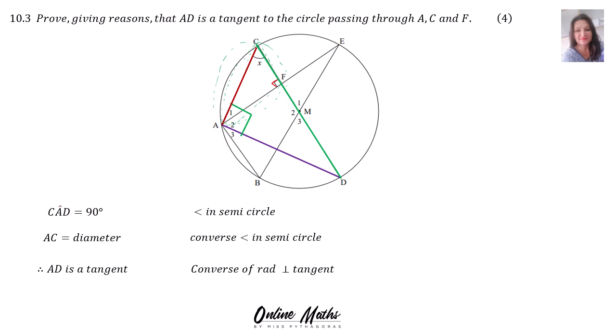Converse of radius, perpendicular, tangent. So where's the marks? CAD is 90 degrees, angle in semicircle. The fact that AC is a diameter and you knew converse angle in semicircle, and then AD is a tangent, your conclusion, reason, converse of radius, perpendicular, tangent.